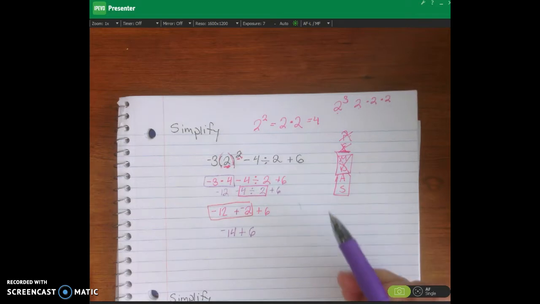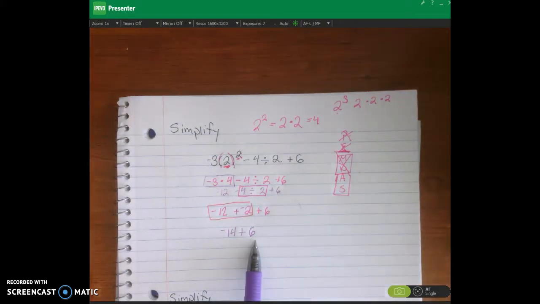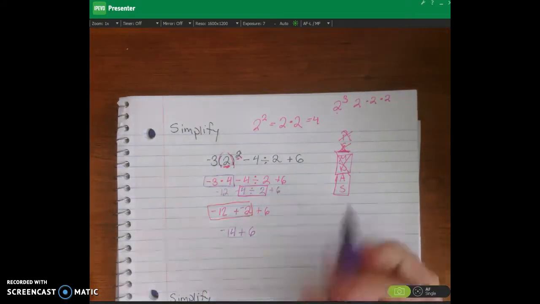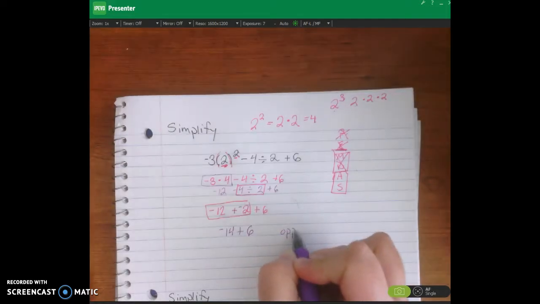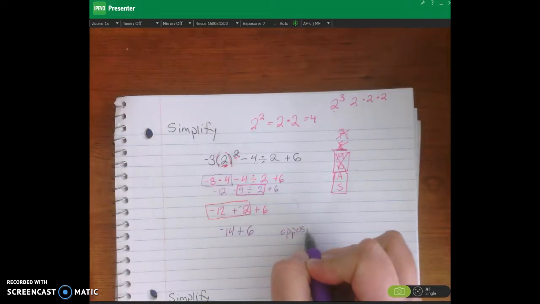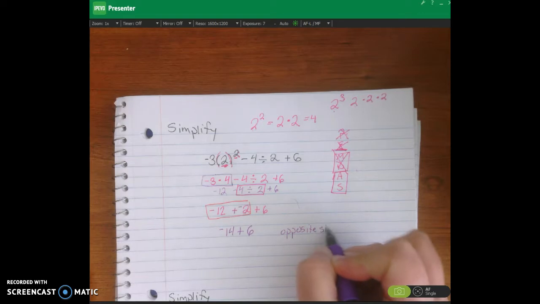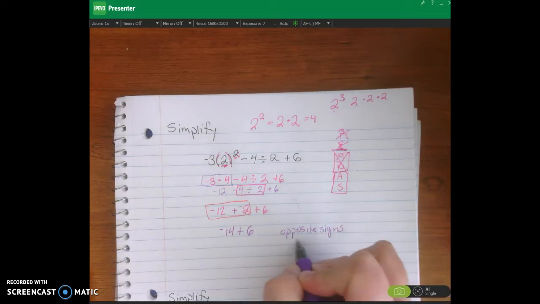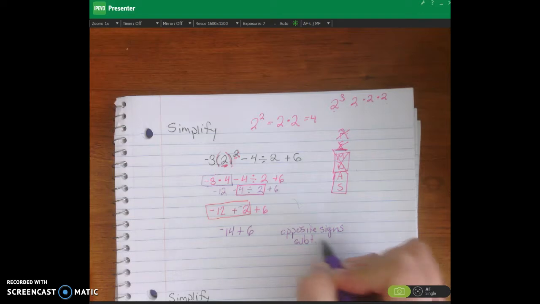And now we're going to finish it out. -14 plus 6, we have opposite signs. I'm going to write that down, opposite signs. Means we are going to subtract and keep the sign of the bigger number.